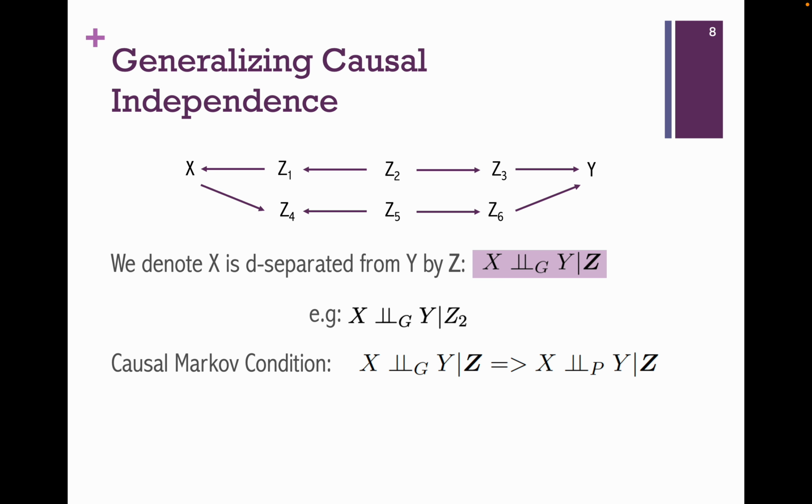It states that if x and y are d-separated by z in the true graph, then x and y will be independent conditional on z in the probability distribution. And what this means is we can take any graph, look at the d-separation facts, and learn which variables must be conditionally independent if that graph is the true one. Finally, when two variables are not d-separated, we say they're d-connected.